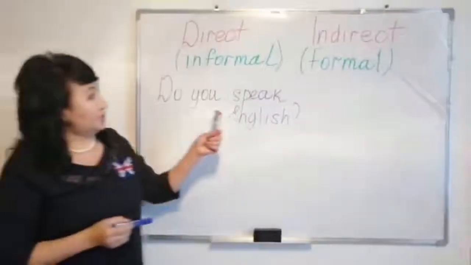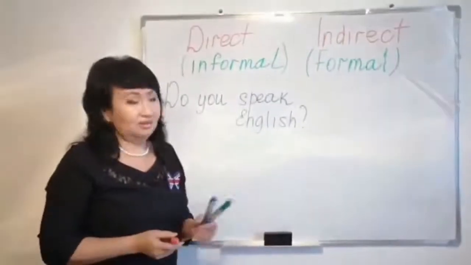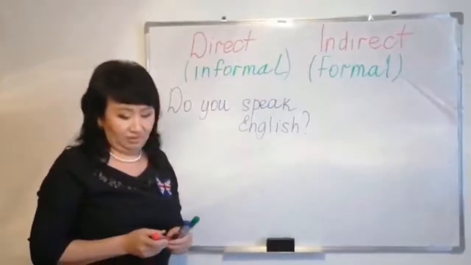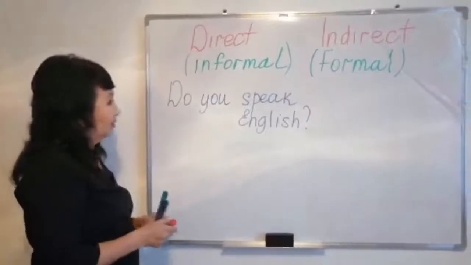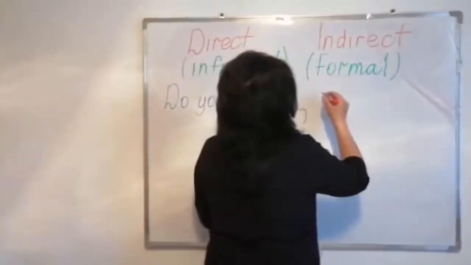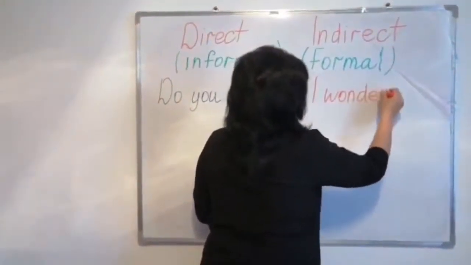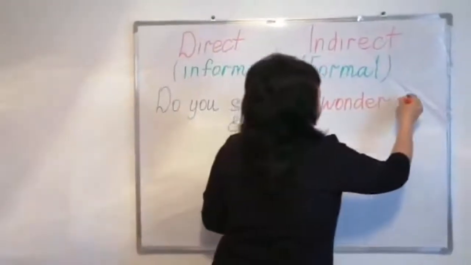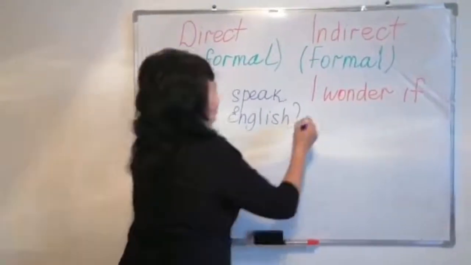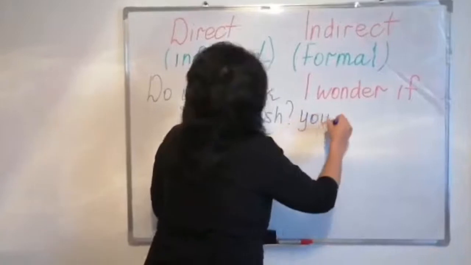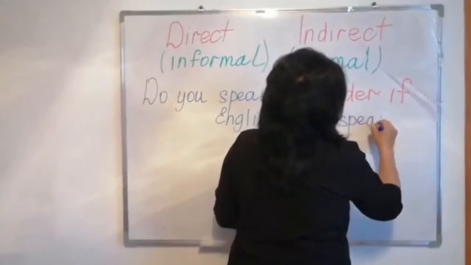How will we change it to indirect? In this case, we don't use an auxiliary or question word. We use if. Firstly, we write the special phrase I wonder. For example, I wonder if you speak English.